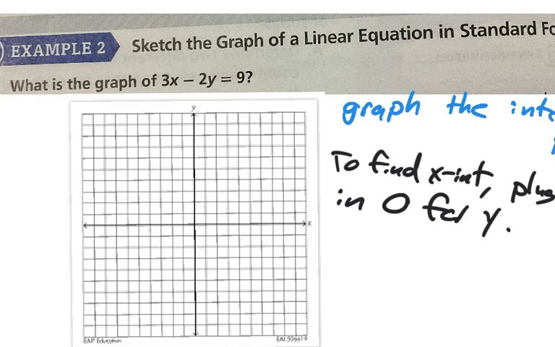They're just any point that's on the line. But what if I know that I want the y coordinate of my point to be 0? I can just plug in 0 for y. That's going to give me 3x minus 2 times 0 equals 9.